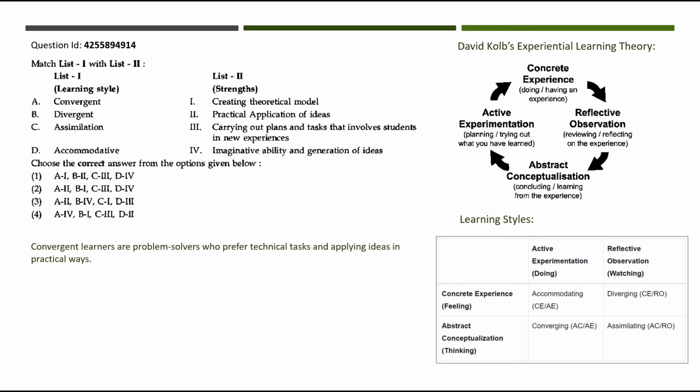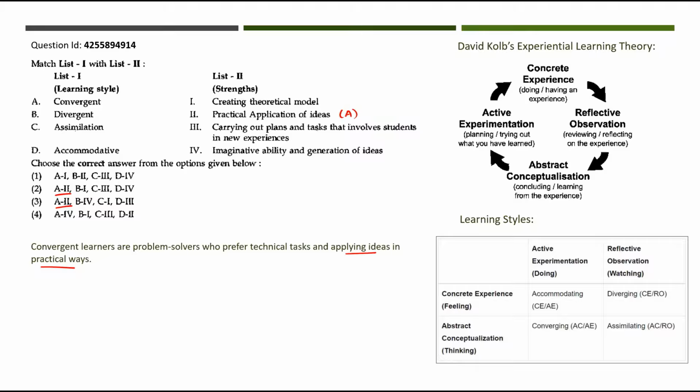Convergent learners are problem solvers who prefer technical tasks and applying ideas in practical ways. They prefer technical tasks and apply ideas in practical ways is the clue with which we are going to map A to 2. Convergent means practical application of ideas. A is mapping to 2 in 2 of the options.